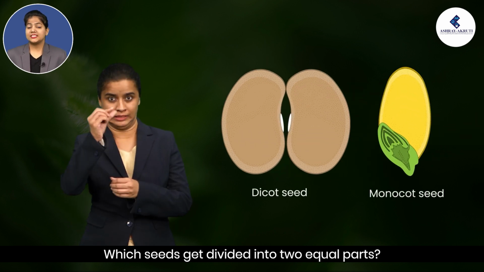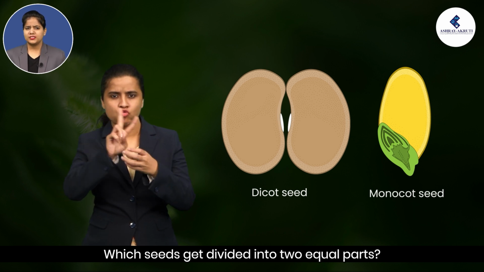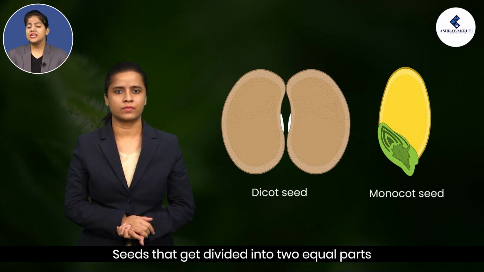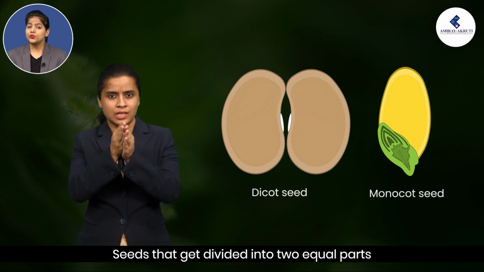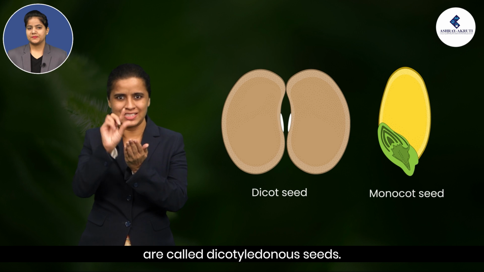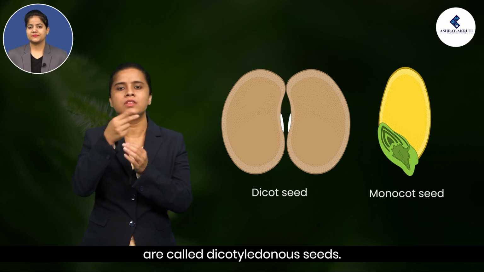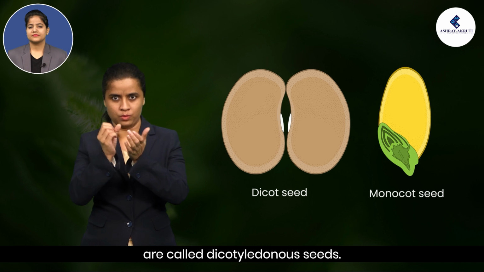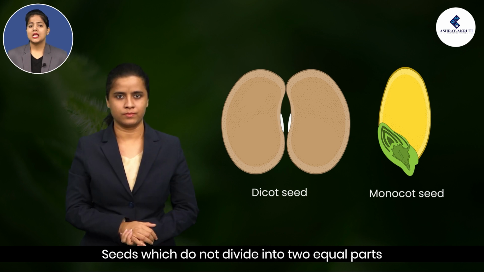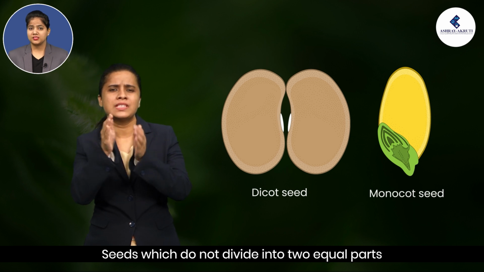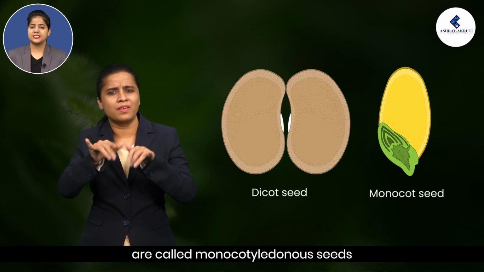Which seeds get divided into 2 equal parts? Seeds that get divided into 2 equal parts are called dicotyledonous seeds. Seeds which do not divide into 2 equal parts are called monocotyledonous seeds.